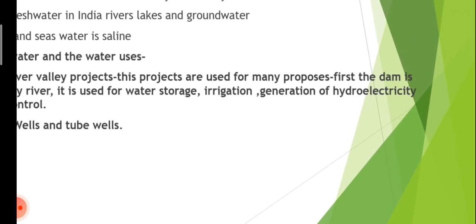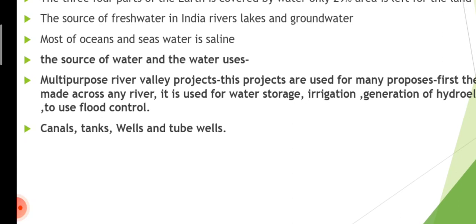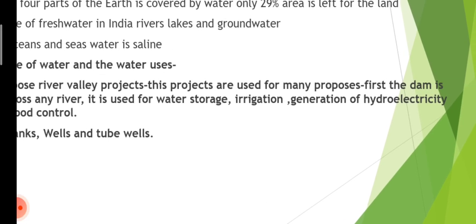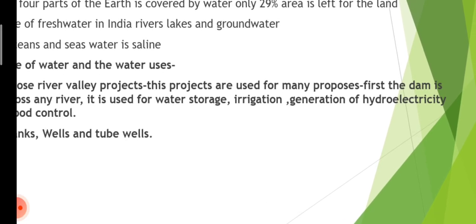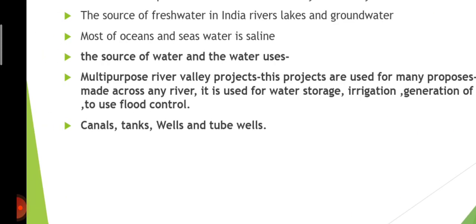For example, a dam. A dam is made across a river to collect its water, which may control floods and store the water, which is used for irrigation, for the generation of hydroelectricity, or for other purposes, for example navigation or fisheries.